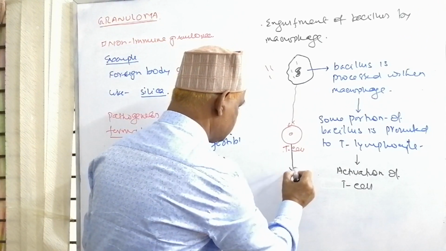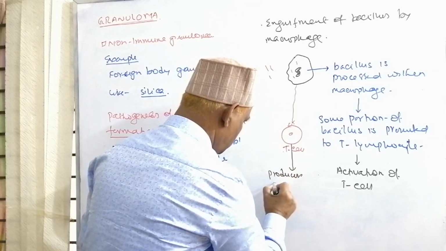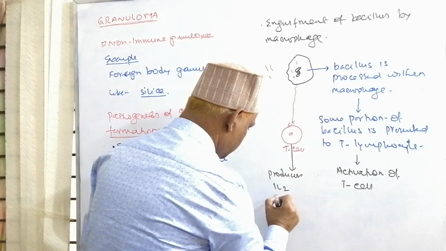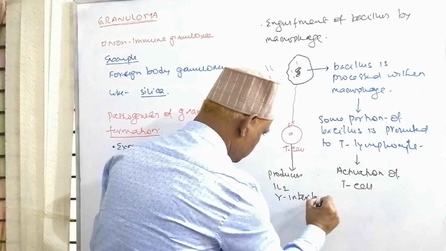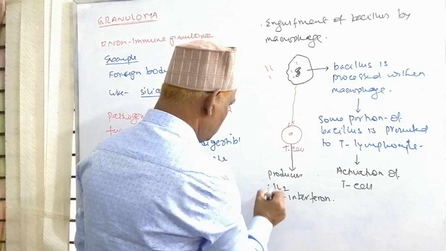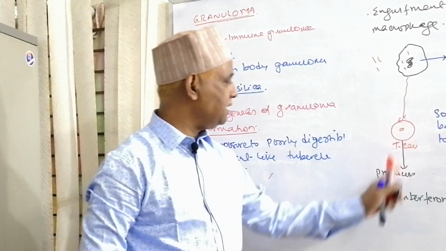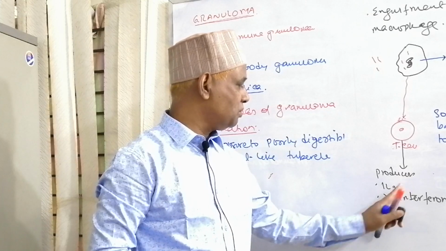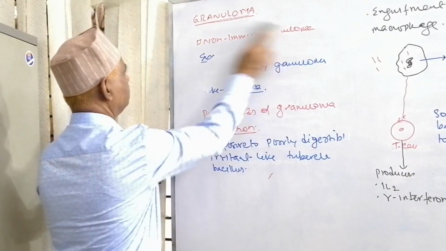It secretes or produces interleukin 2 and gamma interferon. So when the T lymphocyte is activated, interleukin 2 and gamma interferon are synthesized.